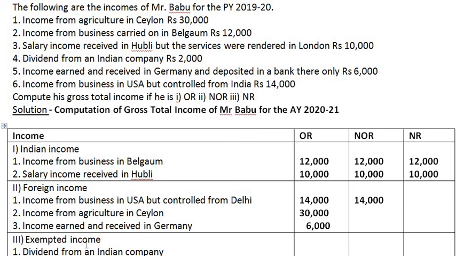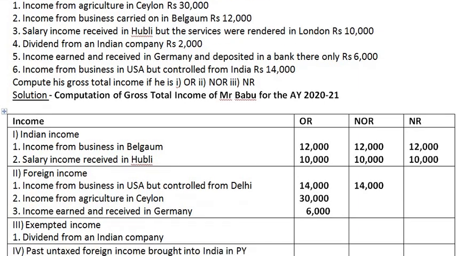Now check out, are there any exempted incomes given in the sum? Yes, that is dividend from an Indian company. Dividend from an Indian company is exempted from tax. Therefore, dividend from Indian company amounts to rupees 2,000, but the amount is irrelevant to us because it is exempted from tax and we are not at all considering that amount in any of the columns when we are computing.